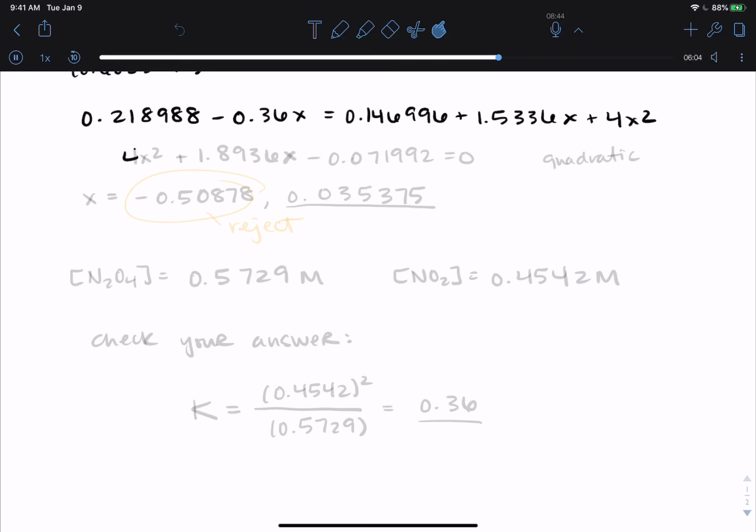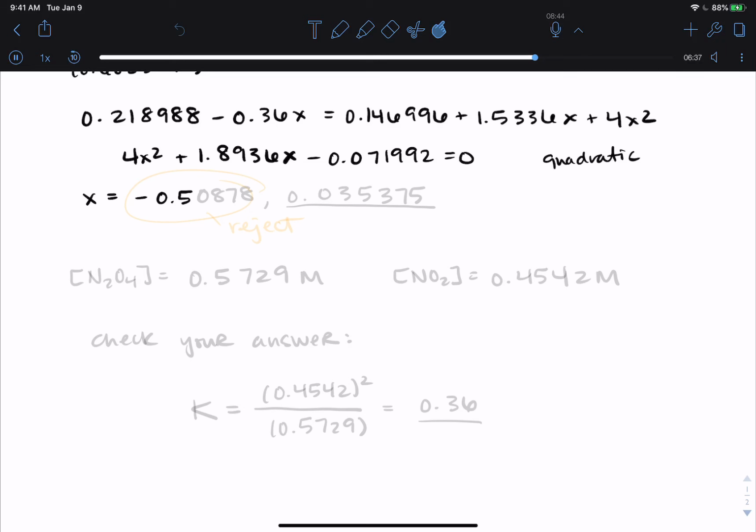This, rearranged, is 4x squared plus 1.8936x minus 0.07192 equals 0.